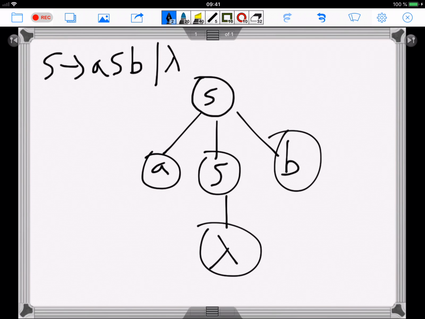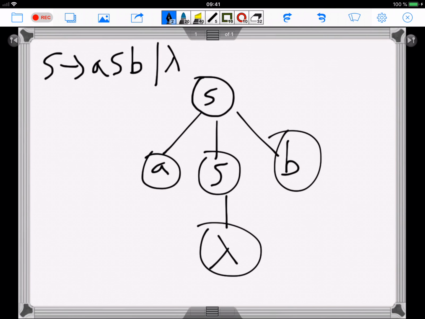This is indeed a tree, because this graph is not directed, it is connected, and there are no cycles, there are no simple paths that start and end in the same vertex. If I go, for instance, from S to A, then I cannot go back with a different edge.